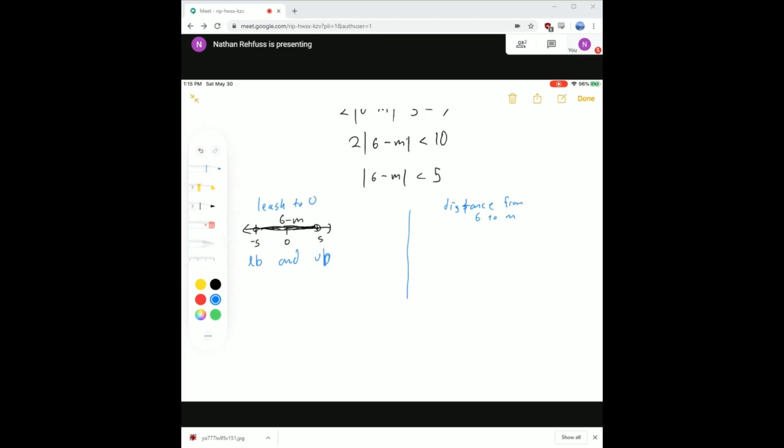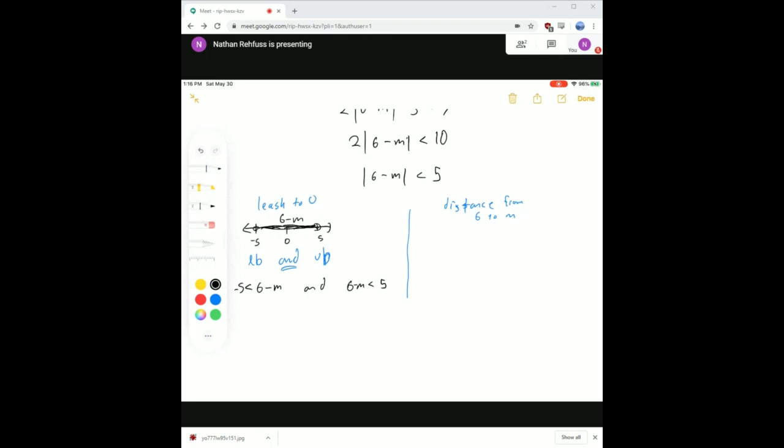It can't just satisfy one at a time. It has to satisfy both simultaneously. So "and" is the operative word here. What I would say is 6 minus m is bigger than -5, and 6 minus m is less than +5. Lower bound and upper bound, because this leash works both ways.